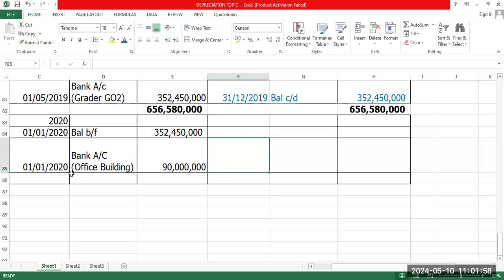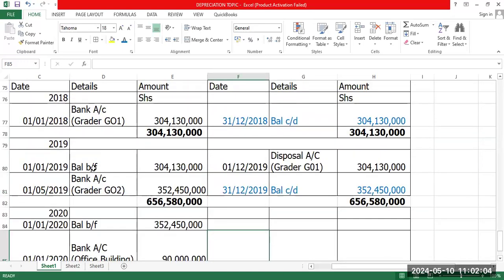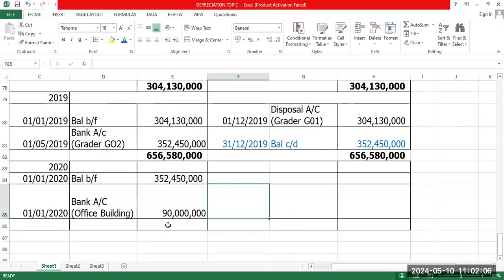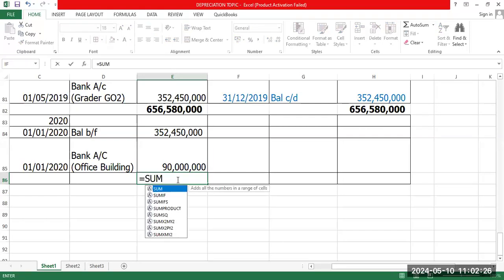Do we have any other asset that we purchased in 2020? The answer is no. Do we have any other asset that we sold in 2020? Colleagues, I'm talking to you. No, we don't. So you just sum up. We balance our sides.